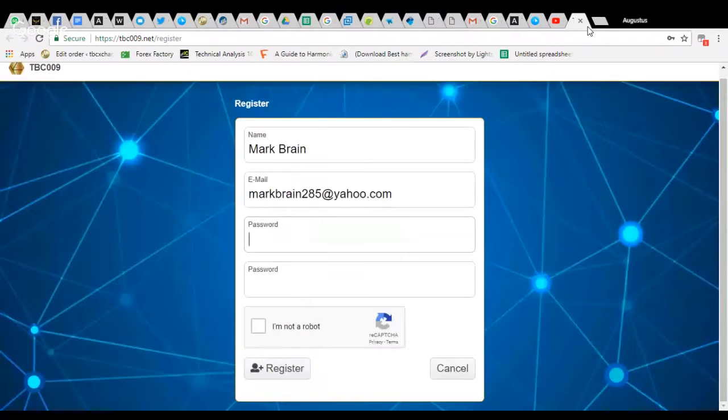Wait for it to load. Wait for the captcha to finish loading.